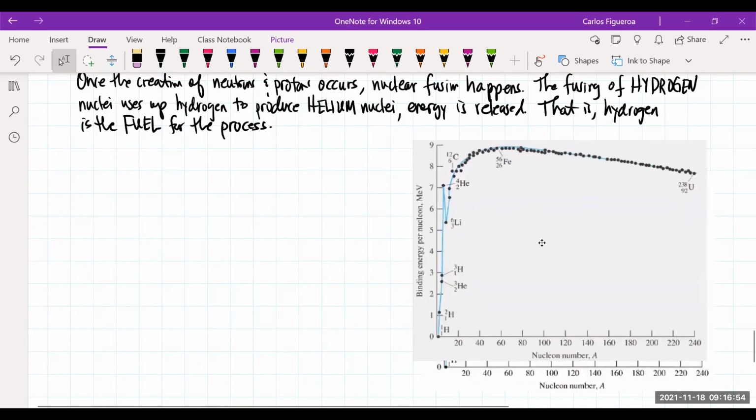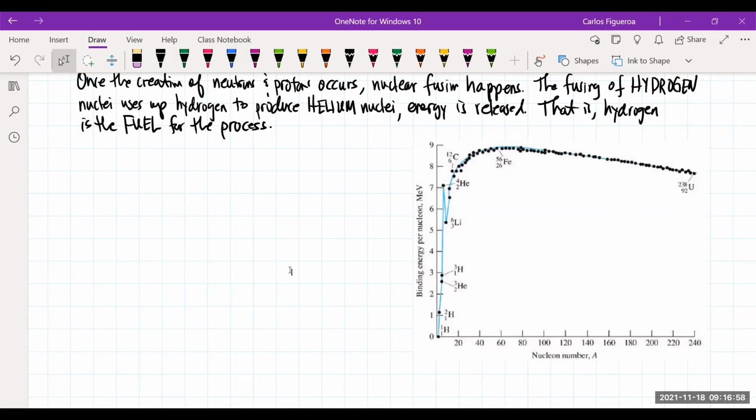So this is the binding energy per nucleon, but it's in a different shape. I apologize that I do not want this one, but that's the one that I have. So you're using hydrogen to produce helium. So how do we do this here?